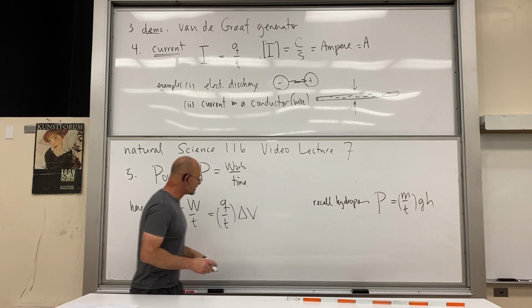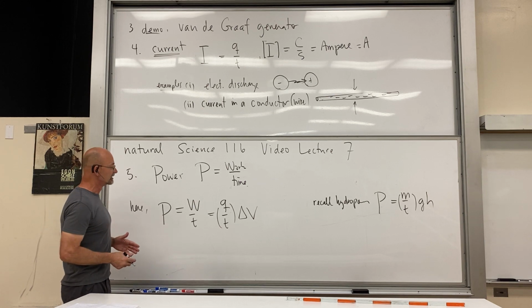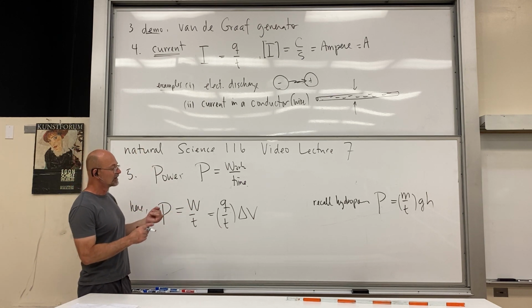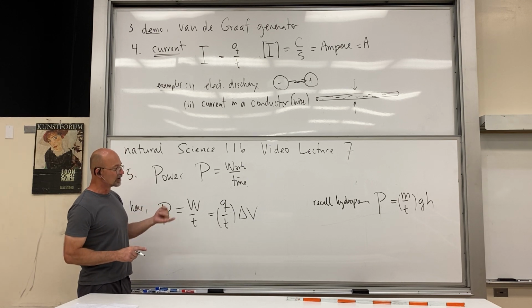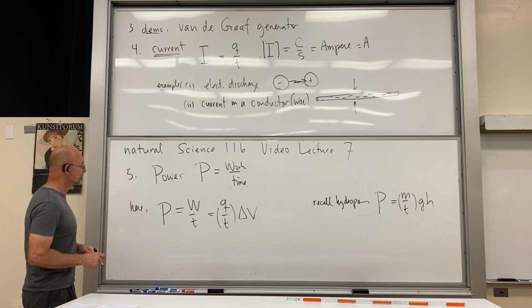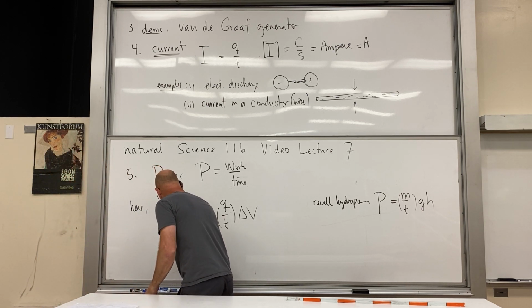This is the reason we're able to make such rapid progress here in electricity. Generally, it takes a while to get to these concepts, but we've studied power earlier on in mechanics, and now we're ready just to take over those concepts here in electricity. So what was our power formula?